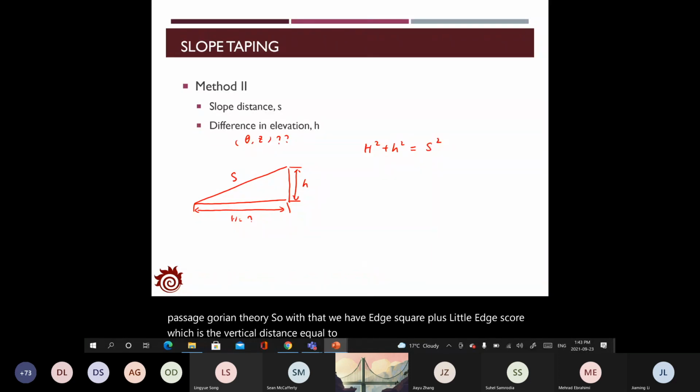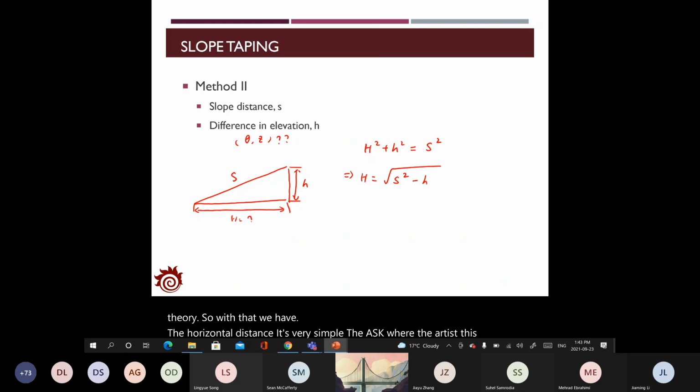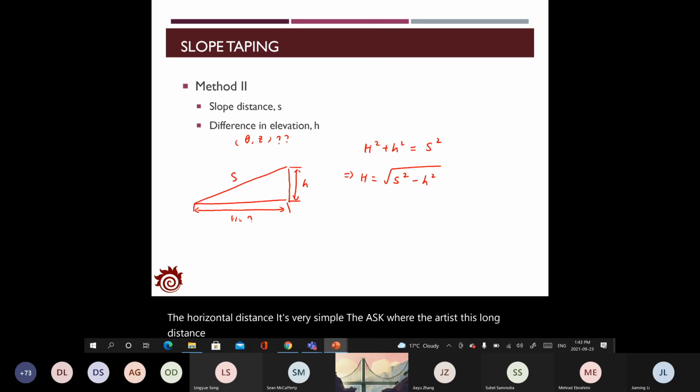So this is the Pythagorean theorem. So with that, we have the horizontal distance. It's very simple. The s squared, the slope distance, minus the H squared, the vertical distance. So that's the way for you to find out the horizontal distance.